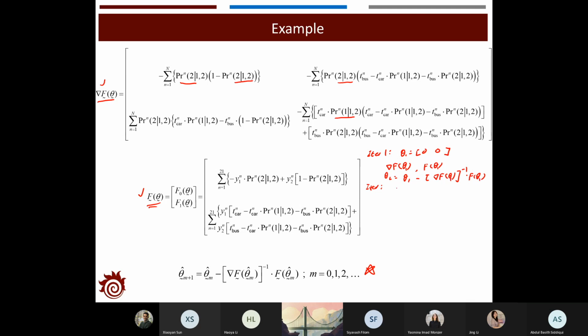And then you have this new theta 2 value, find out the value of F(θ 2) and do the iteration, get a theta 3 as something related to theta 2. In iteration 3, do the similar process, get a theta 4. At every step, you need to check the difference.